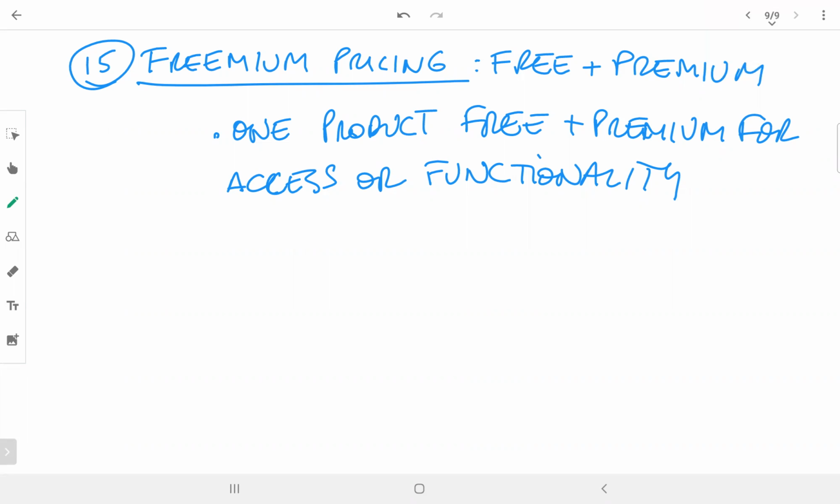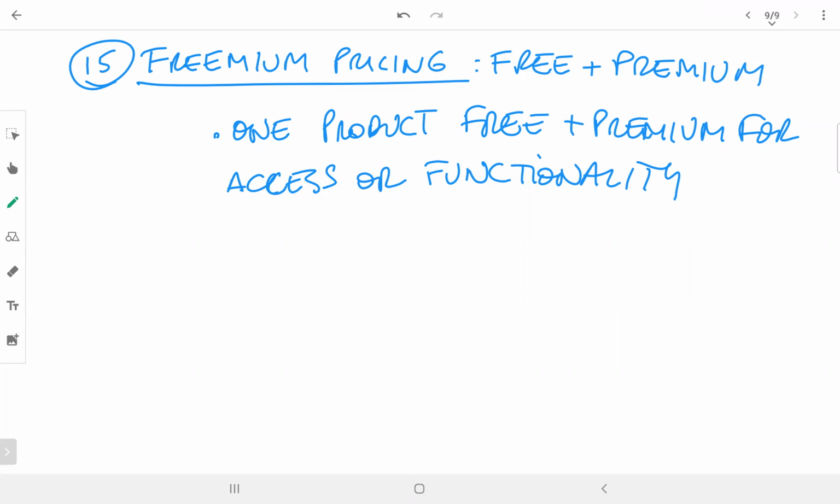There's some software you can get for free, so you can get a PDF reader for free, but if you want to edit, then you have to pay. Amazon streaming apps, they're all free, but then you have to pay to actually watch something. Exactly. So those are all examples of freemium.